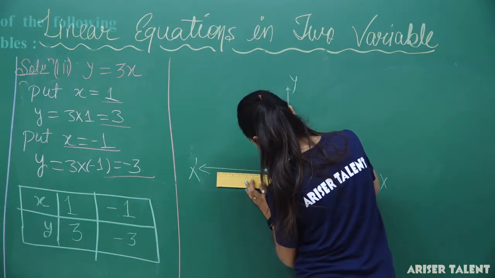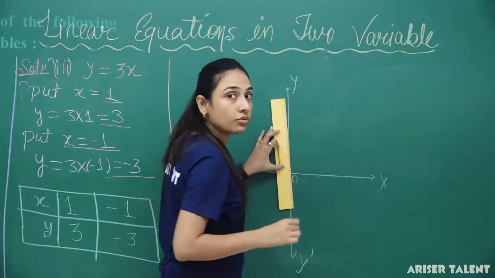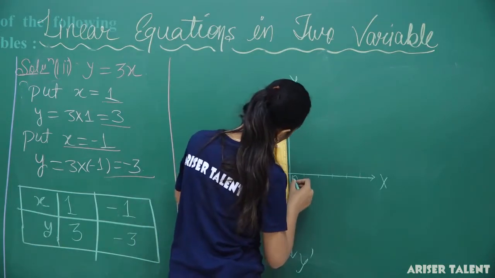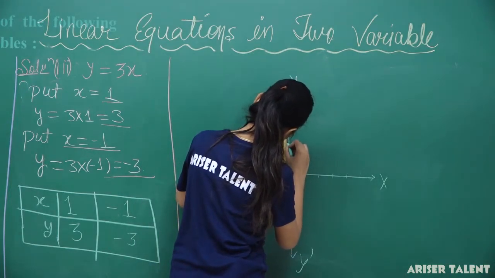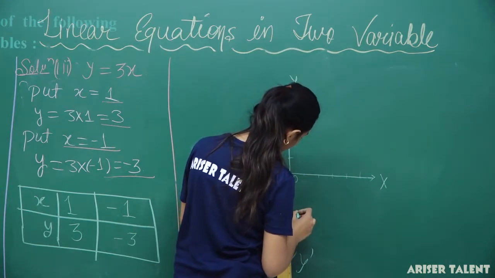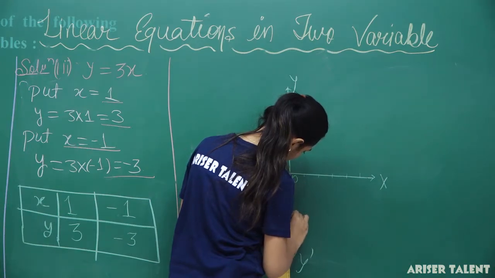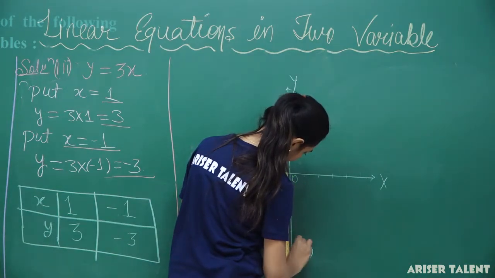Similarly this side 1, 2, 3, 4 and 5. Upside also, students, repeat the process 1, 2, 3, 4 and 5. Similarly downside 1, 2, 3, 4 and 5.